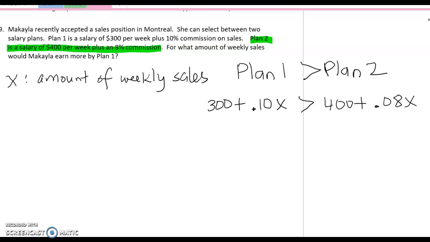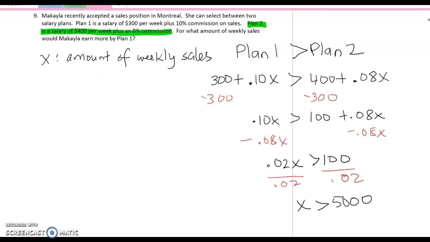We're going to solve for X. For this one, you should be getting X is greater than 5,000. So for what amount of weekly sales would Michaela earn more by Plan 1? Michaela would need to sell more than $5,000 worth of sales for that to be true.